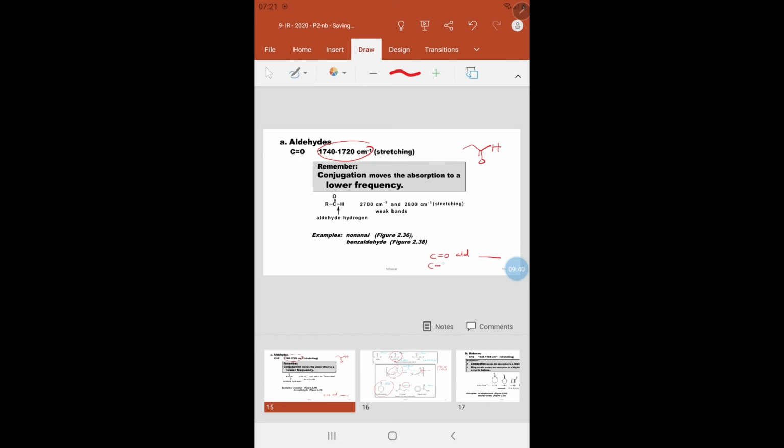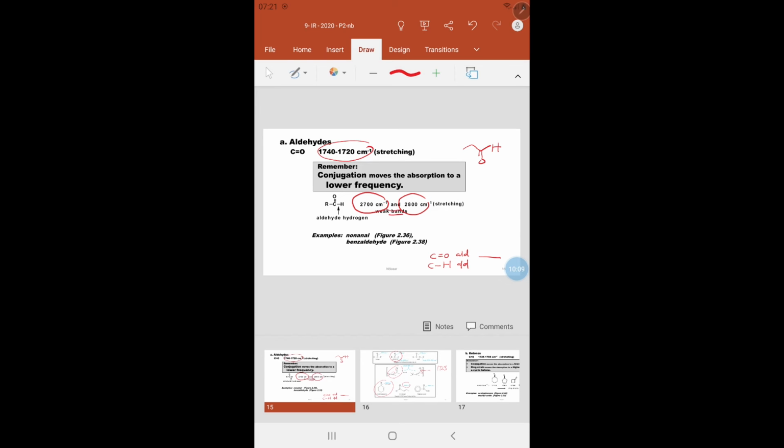Next one, the most important is CH aldehyde. CH aldehyde is different from CH sp2, CH sp3, and CH sp. Look at the correlation chart, you will see the CH aldehyde. So remember, for CH aldehyde from the spectrum, you see two peaks, which is around 2,700 and 2,800.